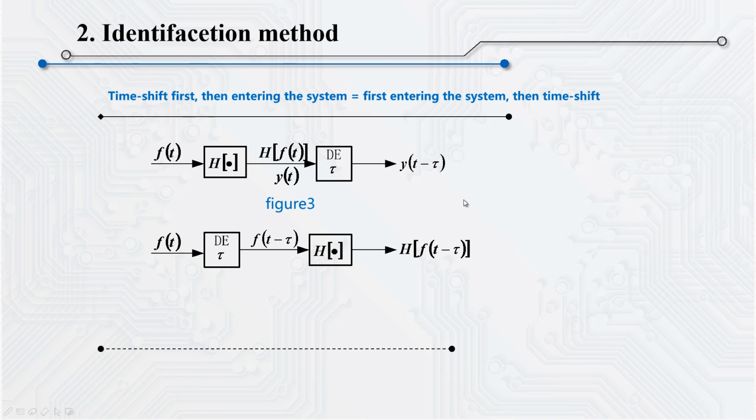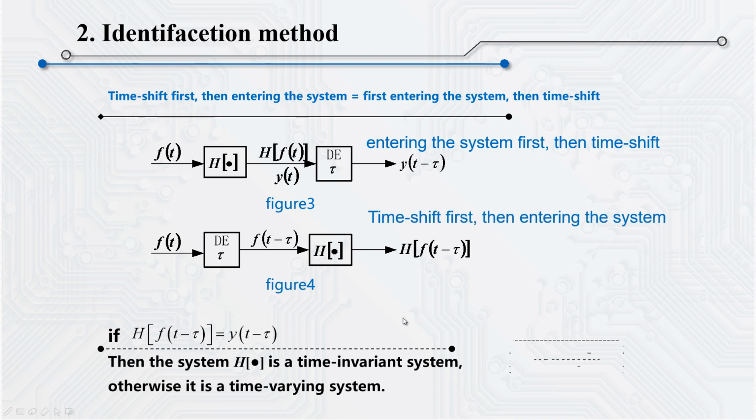Then we can get the output yt minus tau. In Figure 4, the signal is time shifted first, and then enters the system H. Then we get hft minus tau. If the output of Figure 3 and Figure 4 is the same, the system is a time-invariant system. Otherwise, it is a time-variant system.